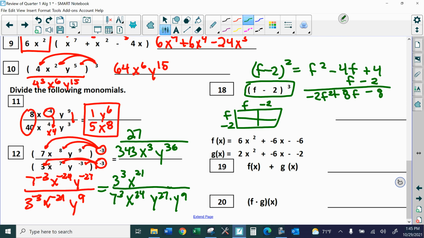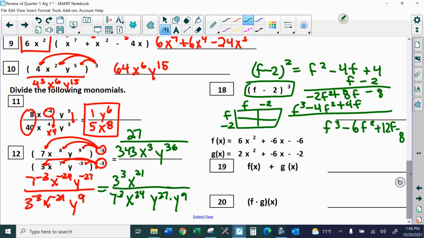I do f times 4, positive 4f, f times negative 4f, negative 4f squared, and f times f squared, f cubed. Write it down, f cubed, combine like terms, so I'm just going straight down here, minus 6f squared plus 12f minus 8 for my final answer.